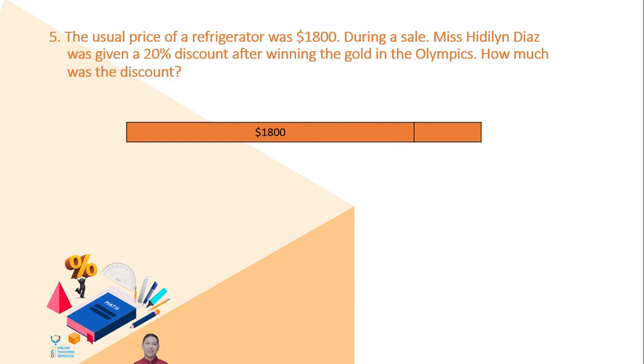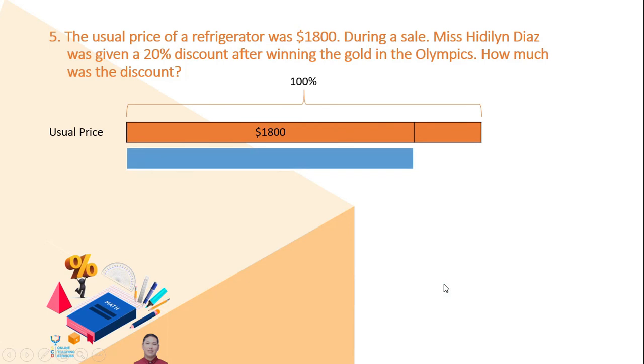The whole bar that is shaded with orange represents the $1,800, and that is amounting to 100%. So this $1,800 is our usual price. Now we have a second bar which is shaded with blue, and this is our selling price.